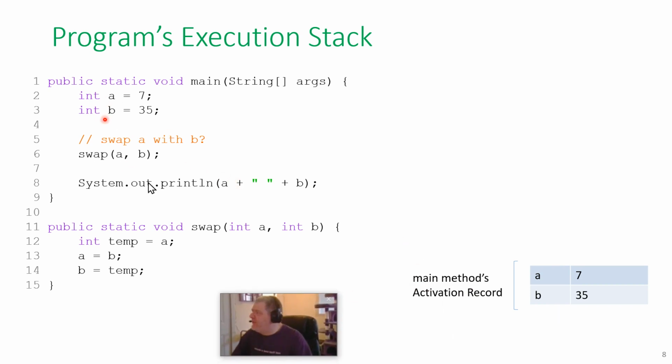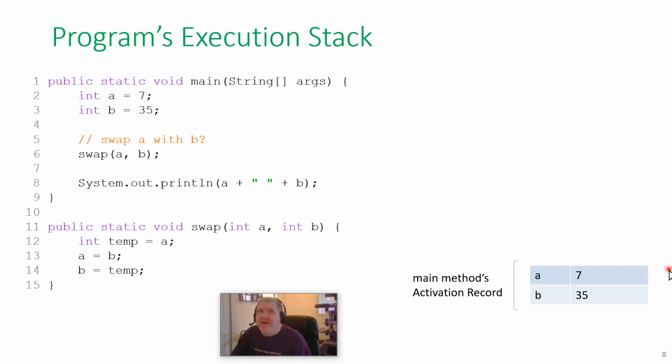So if I run in my head again this program, executing line 1, 2, 3. So what happens when I enter the main method? Well, when I start executing my application, right, Java is going to create in this area of memory called the programs execution stack an activation record.